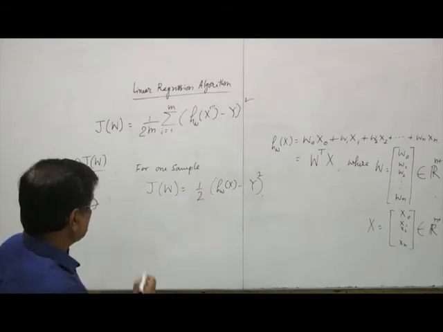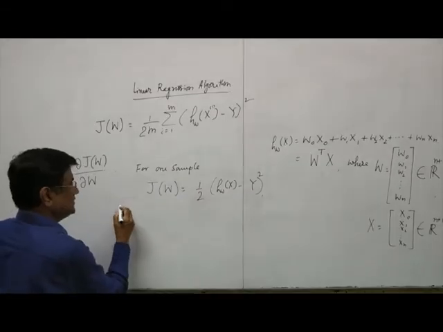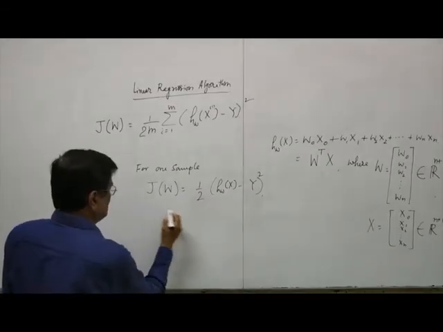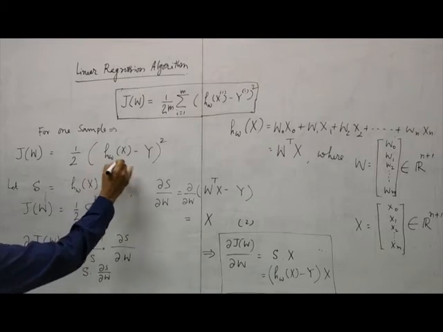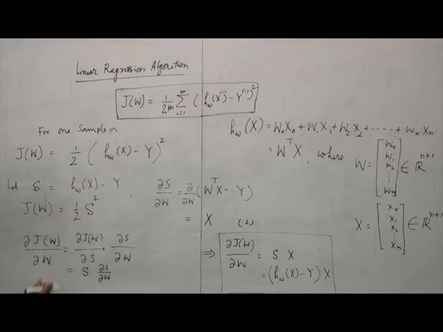And I need to differentiate this function. Okay, let us make a substitution, s equals to this, so that J(W) is now half of s squared. Okay, now you understand why the half is written.